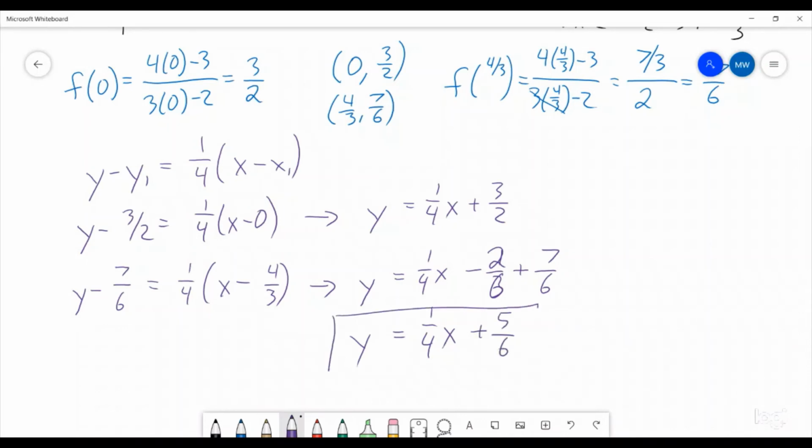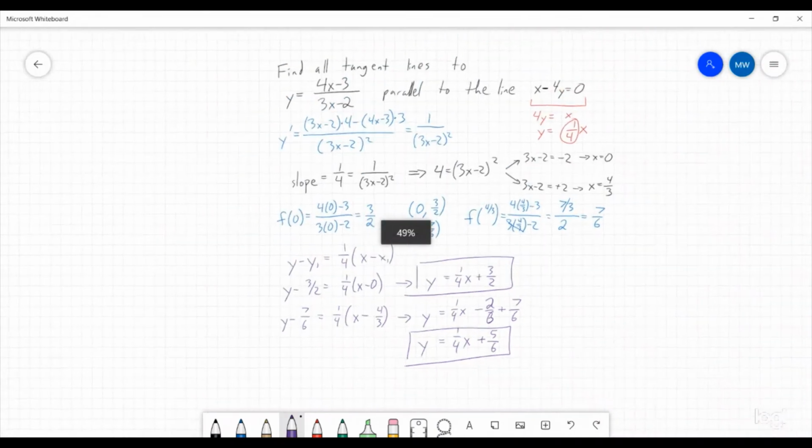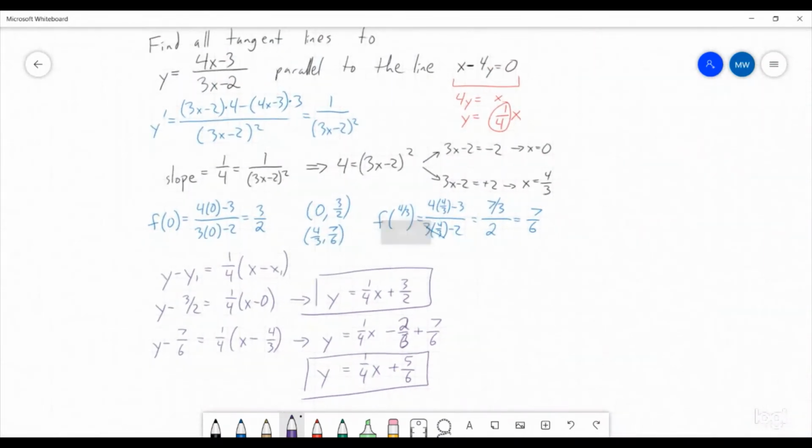And so these are the two tangent lines that are parallel to the line x minus 4y equals 0, and they both will pass through a point on that line. So that's how we would answer this particular question.